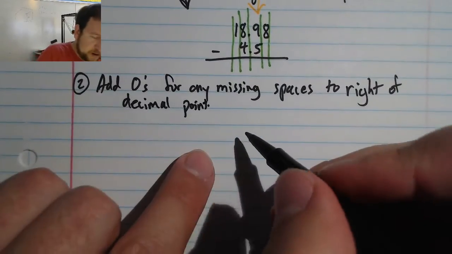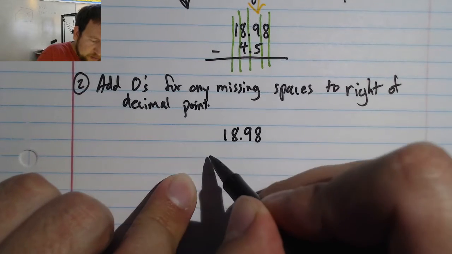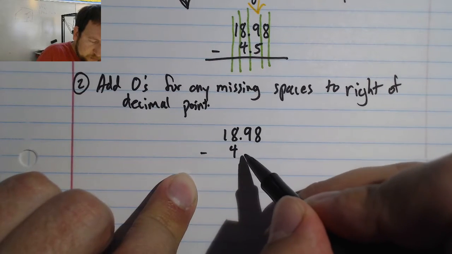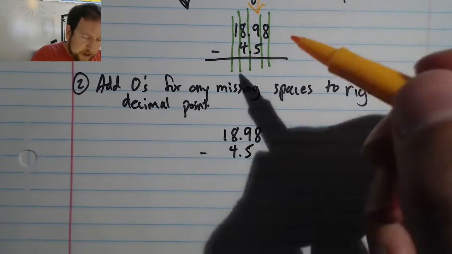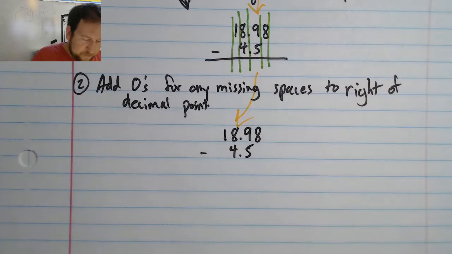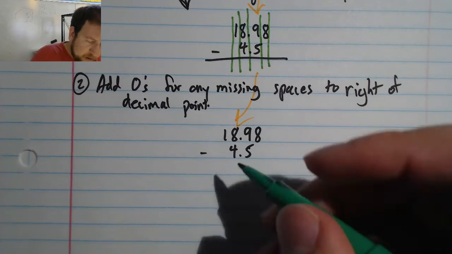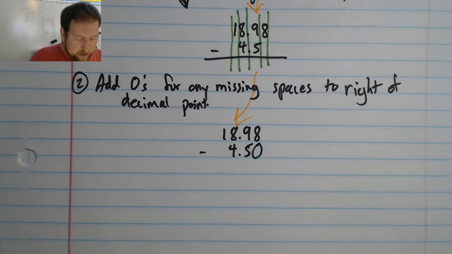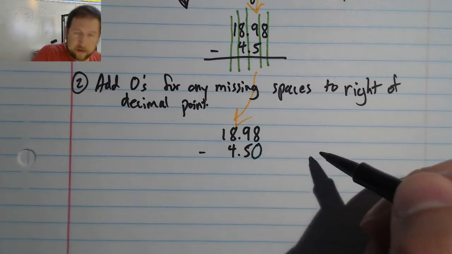If I'm going to rewrite my equation, I have 18.98 minus 4.5. Again, bringing it down. This time, though, I'm going to add in my 0 here so that I know how to work with my numbers, because I can always add zeros to the right of a number.